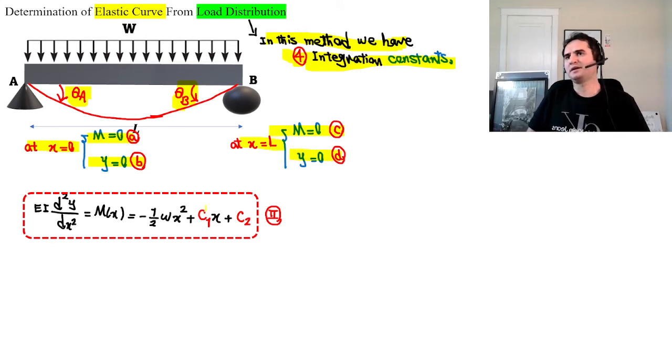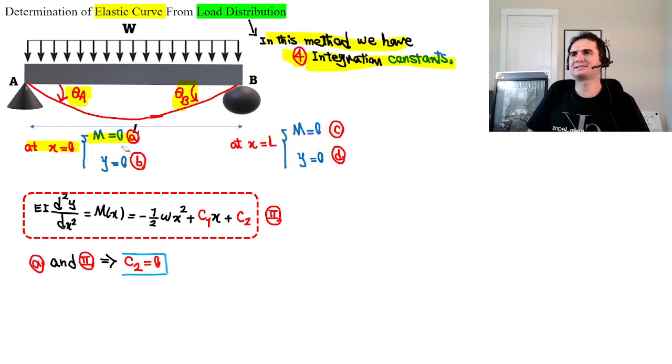If we have equation 2, EI d squared y over dx squared equals M(x), that's this equation, including two of the constants. So let's see how that goes. A and 2 gives us C2 equal to 0.